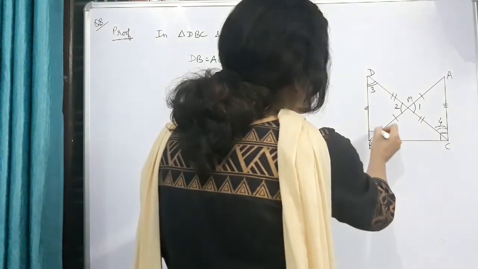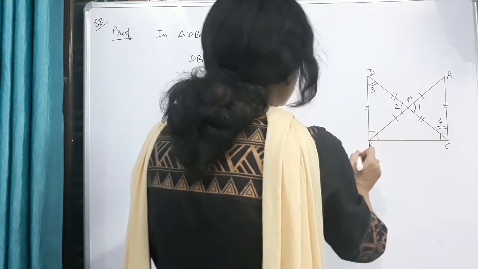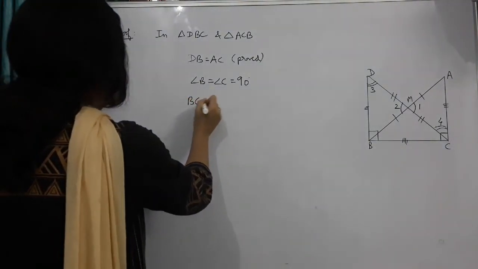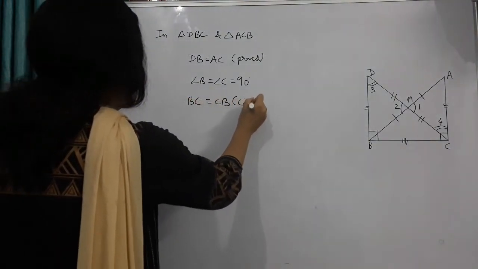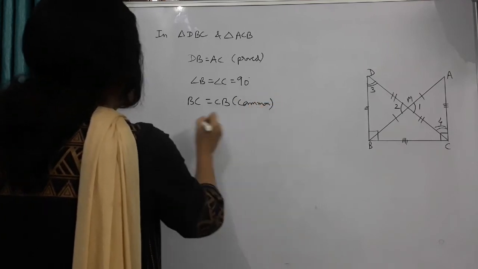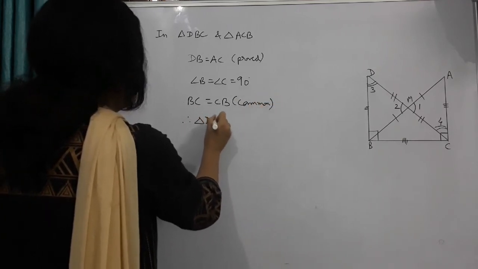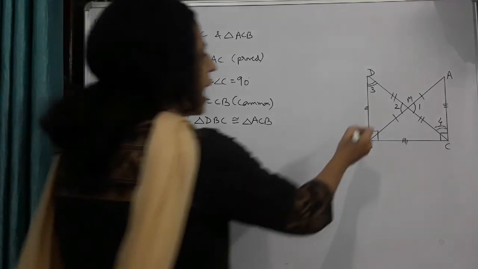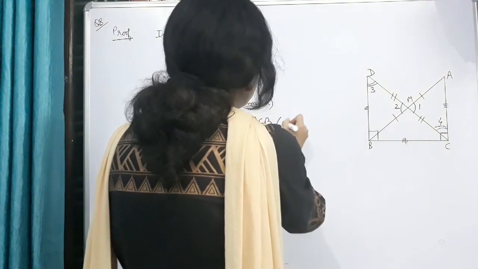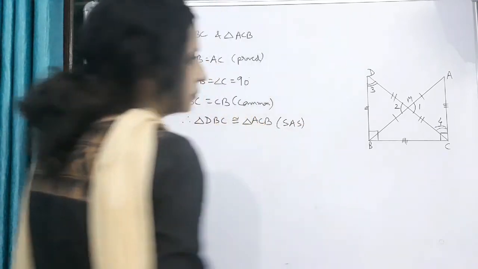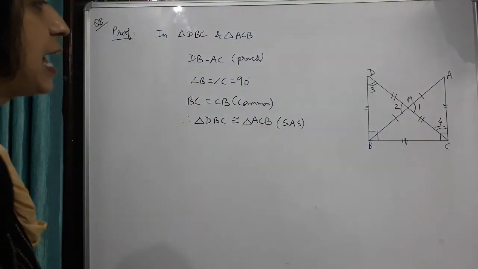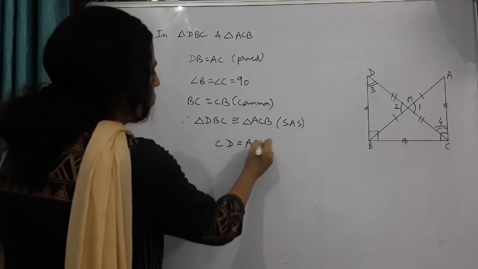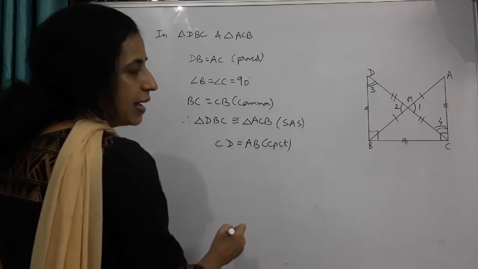This also we have already proved, that angle B is of measure 90 degrees, and BC is equal to CB as it is the common side. So therefore triangle DBC is congruent to triangle ACB by SAS criteria of congruence. And if the triangles are congruent, then definitely by CPCT we can write that CD is equal to AB.